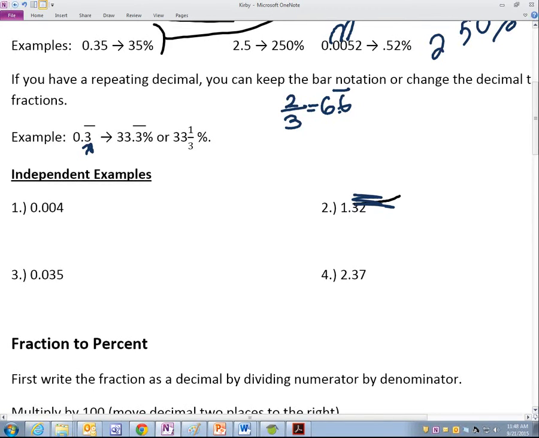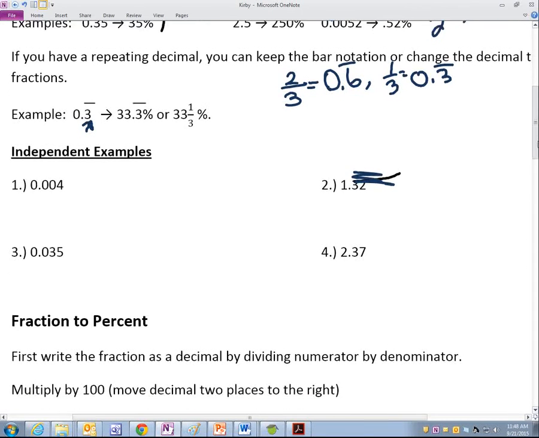Okay? 2/3 is actually 0.6 repeating. This is just general. 1/3 is 0.3 repeating. All right, that's just to remember. Those are going to happen. I can almost guarantee it. You'll see it on the test because it happens in a little bit here.